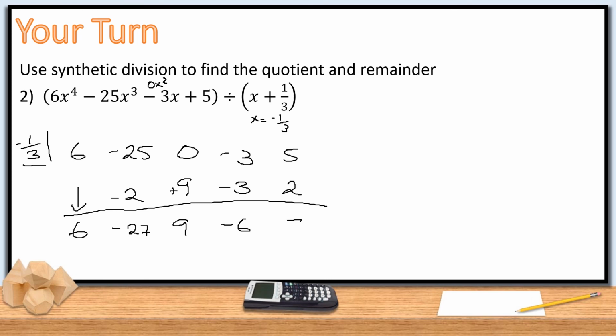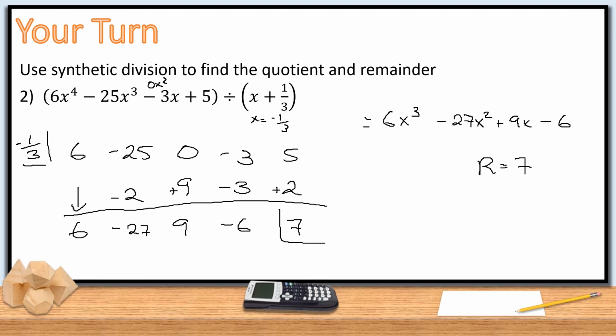And 5 plus 2, 7. All right, so then that means we've got 6x cubed minus 27x squared plus 9x minus 6, remainder of 7.